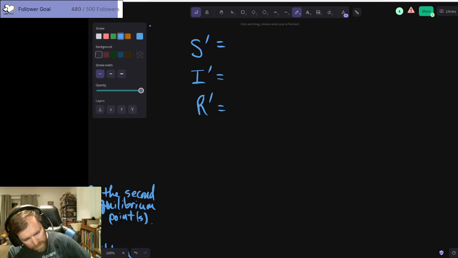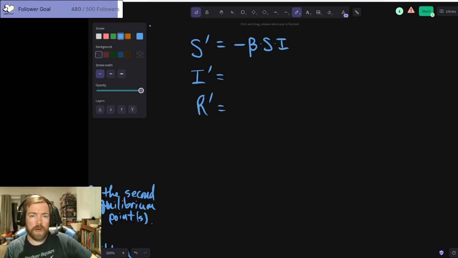The overall equation for this, again, it's likely that people have seen this. S prime is going to have the non-zombie model. Yes, thank you, Aperiodic. Negative B is essentially the transmission rate of a particular disease, and then you're multiplying by S, the number of susceptible people in the population at present, times the number of infected people at present.